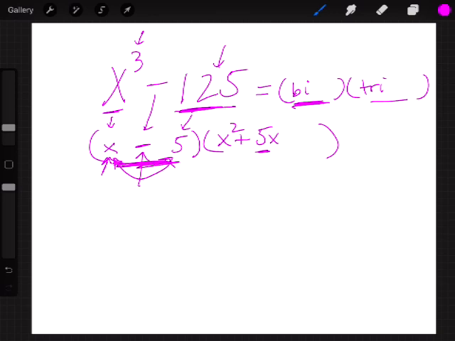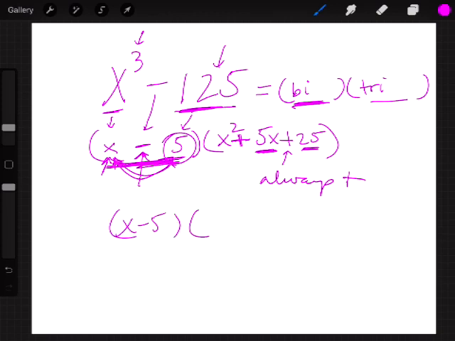So since I have a minus in the binomial, that one is going to be a plus. Again, 5x, because you took x and 5 and multiplied them together. The next sign is always positive. Always. To get the last term of the trinomial, you square the last term, so 5 squared is 25. That's your binomial, x minus 5. Your trinomial is x squared plus 5x plus 25. And that's your factored form.